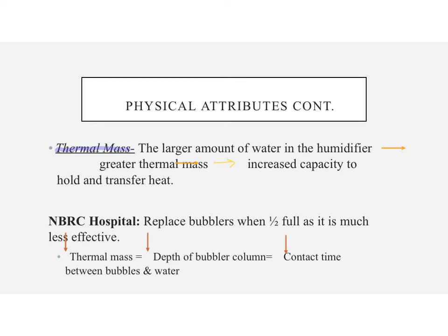So talking about bubblers, the bubblers that we looked at on the last slide are coming up on our next slide as well. So at the MBRC hospital, which I also call the Unicorn Hospital, the policy states to replace bubblers when half full, as it is much less effective because it has a decreased thermal mass, because it has a decreased depth of bubbler column.